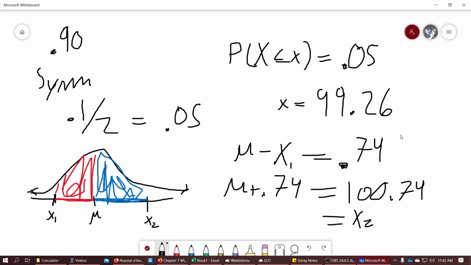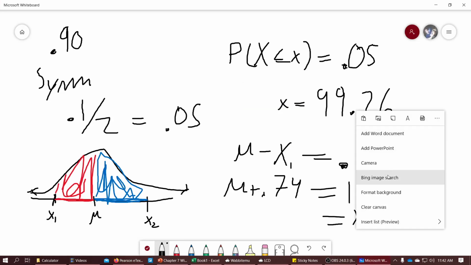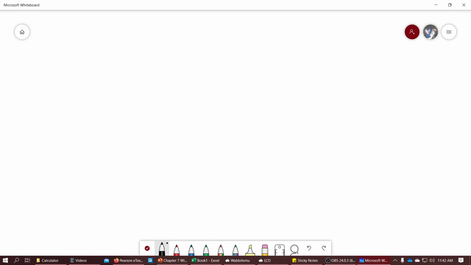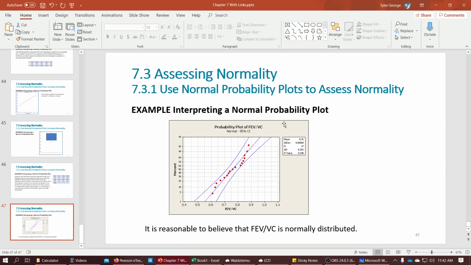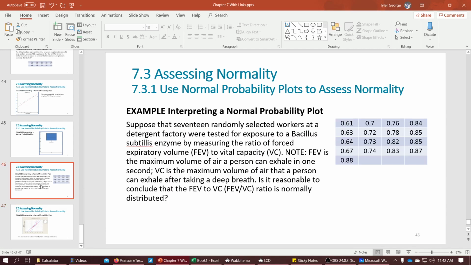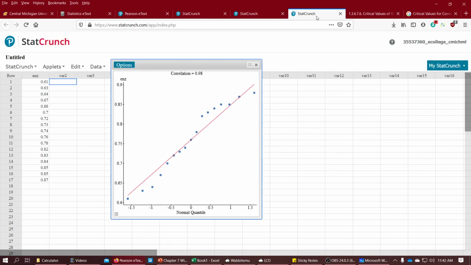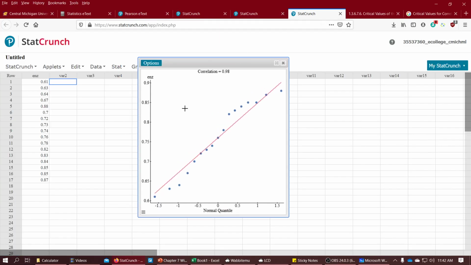Just for comparison's sake, from our current example, here's the plot. This looks different because it's from something called Minitab. So let's look at the one on here, and I'll put the correct one in there when I post the notes. So here, 0.98 is not less than the value from the table.